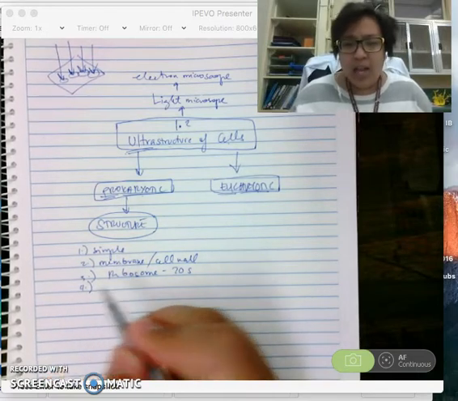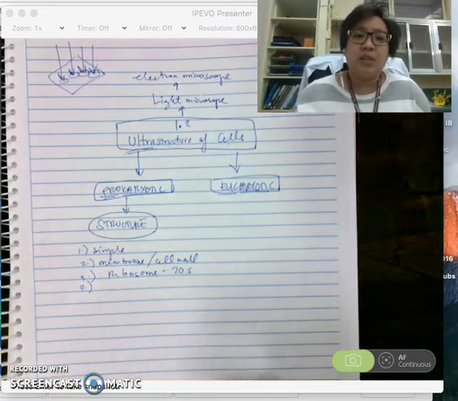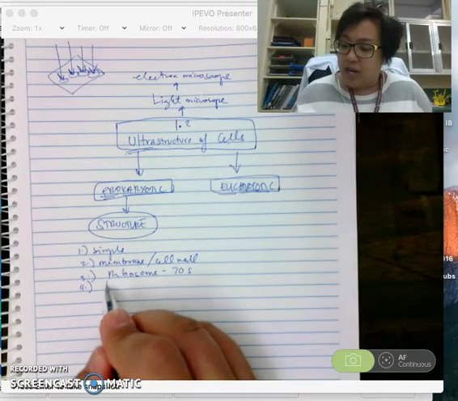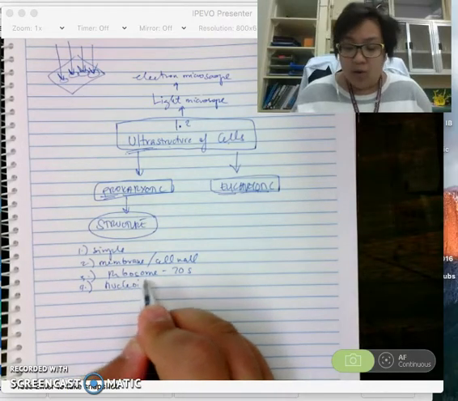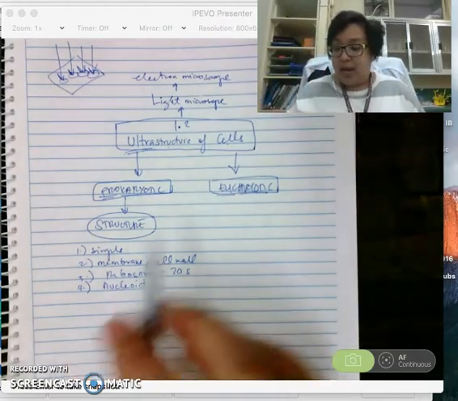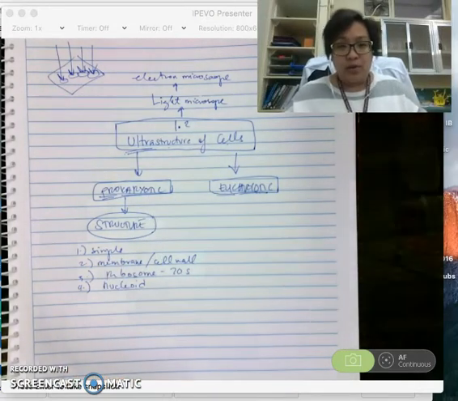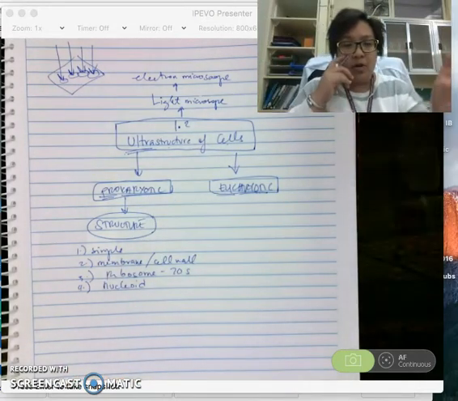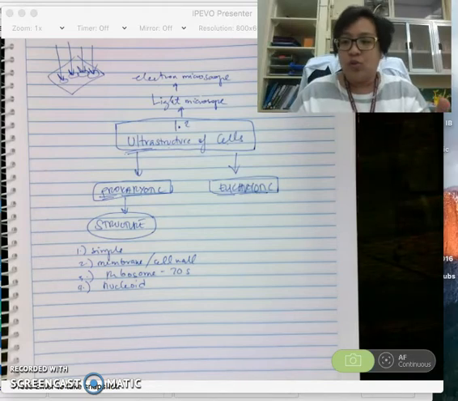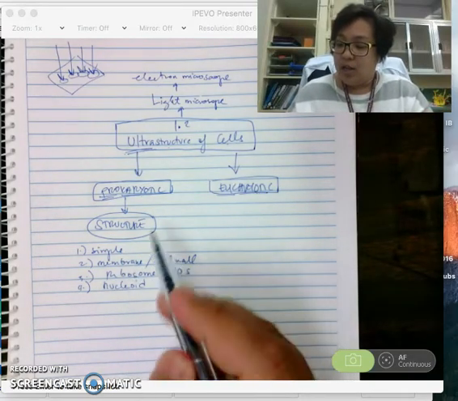They do not have a nucleus, but they have genetic material arranged in an area called the nucleoid. If I ask you to label or draw a prokaryotic cell, I'm going to look for these things.